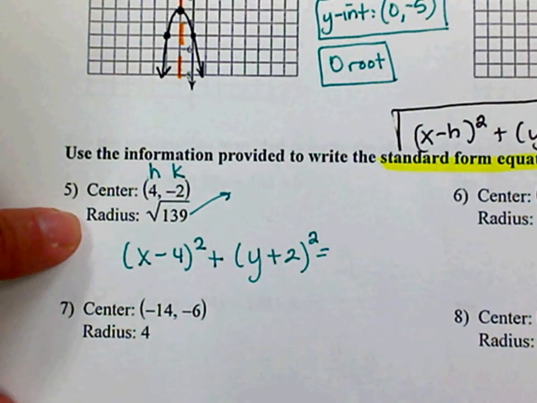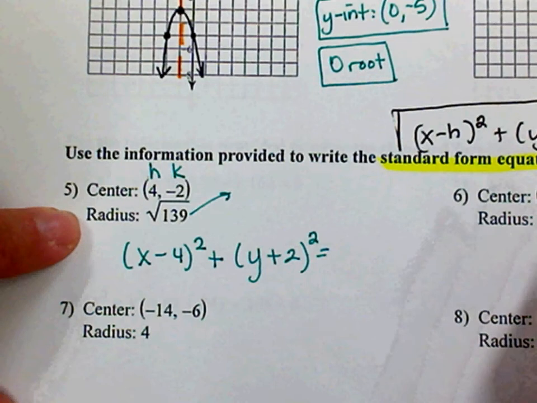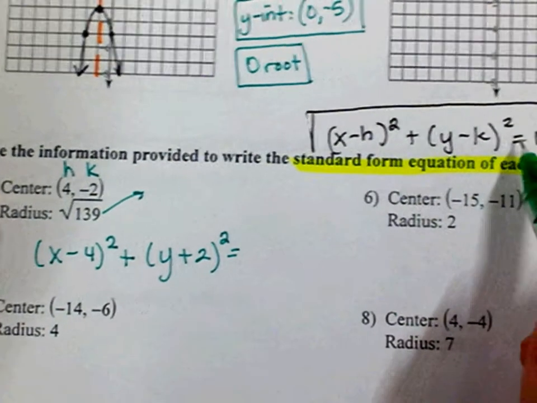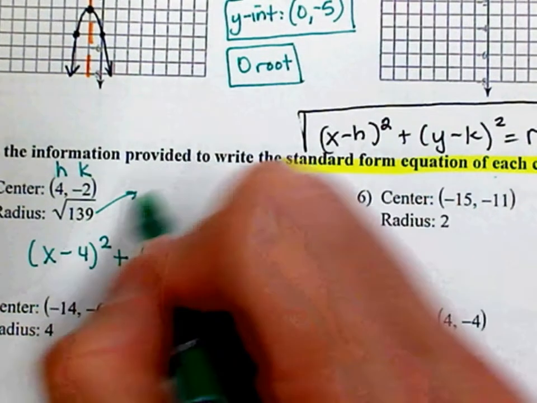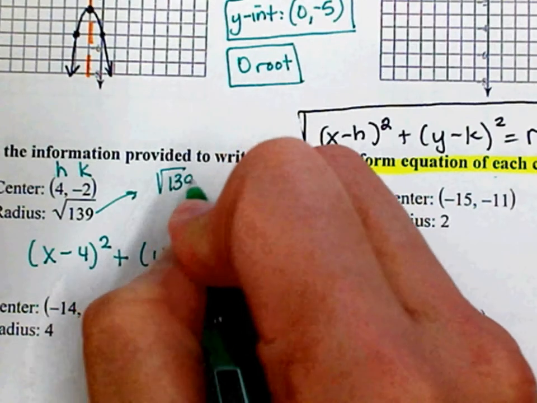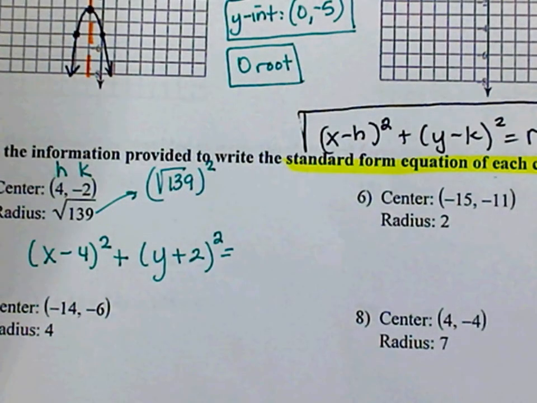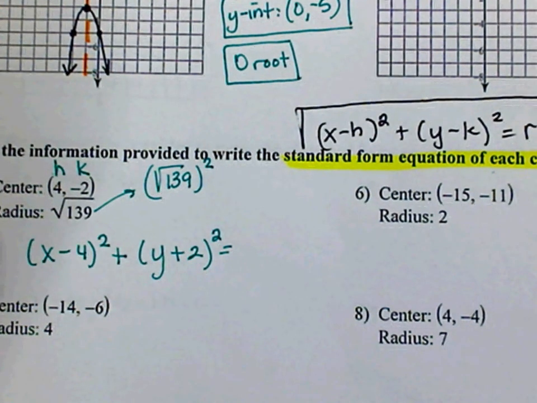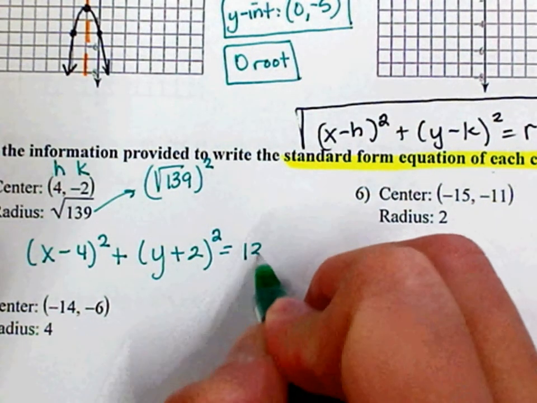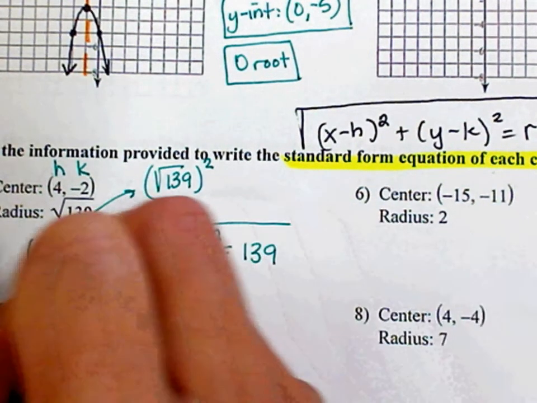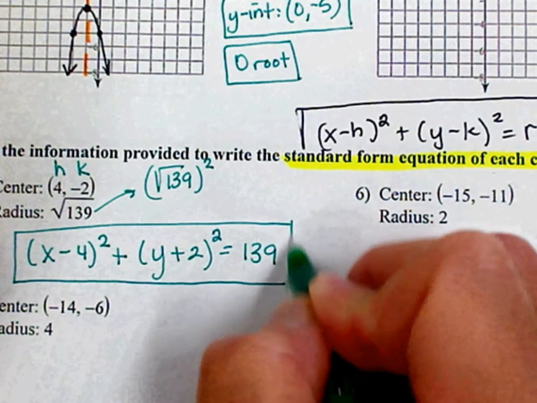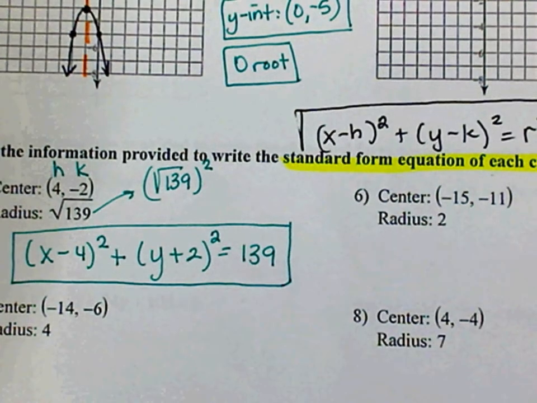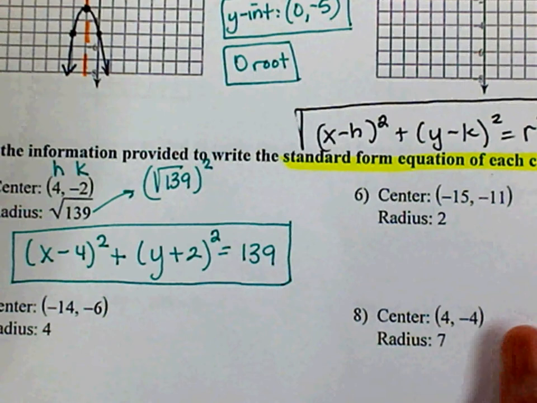Do you see how your formula right here is an r squared? So what do you do with this one? You're actually going to square it. So what is square root of 139 squared? 139. Okay? That's it. That's all you have to write. Any questions about that? Okay. Try number 7. You guys try number 7.